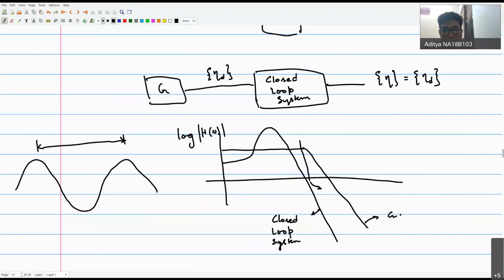Whereas if I were to draw a line somewhere here, and I gave this frequency input to the closed loop system, then it will have a significant output, which means it's able to track it. Yes, it is scaling it up or down depending on the dynamics of the craft.